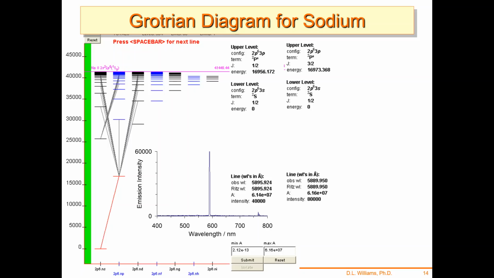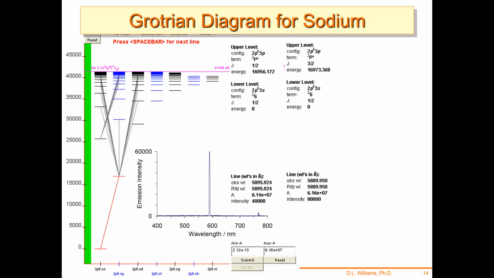So this would be 3s. 2p6, 3s. That would be 2p6, 4s. 2p6, 5s. 6, 7, 8, 9. Look how 8 goes all the way up. This is 2p6 NP. So that's what we were just talking about, the 3p electron. It's 3p or 4p or 5p.